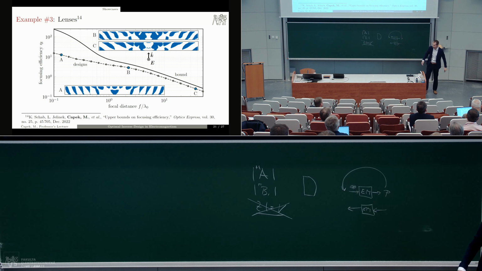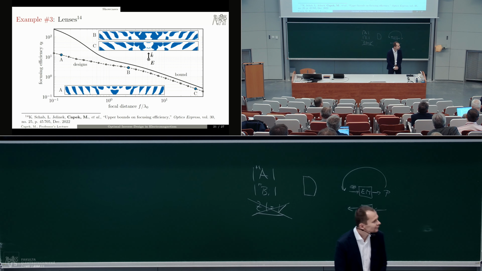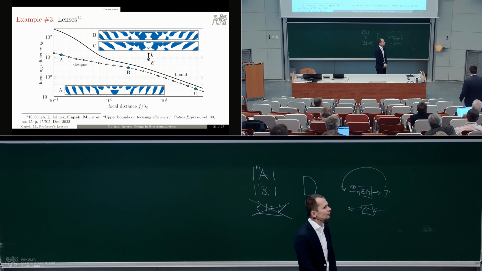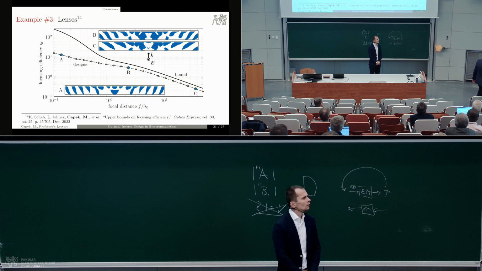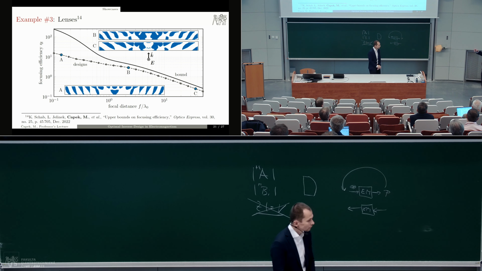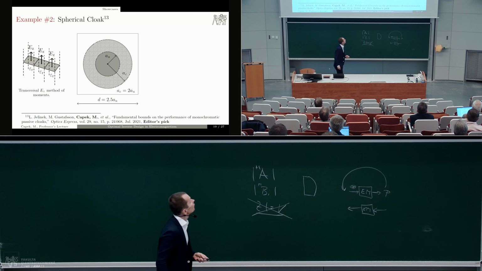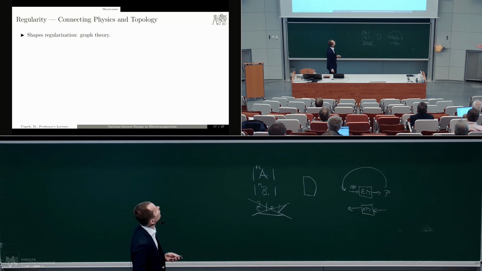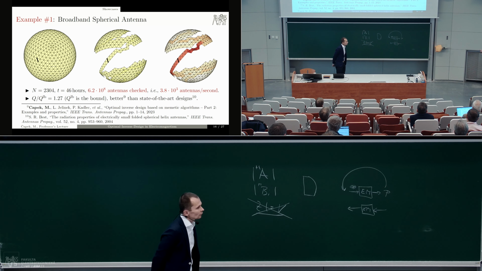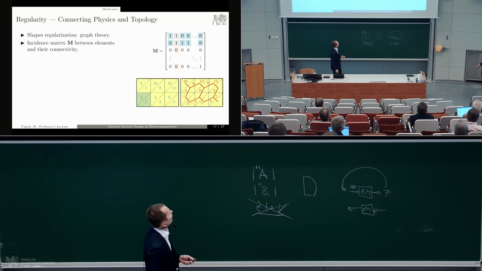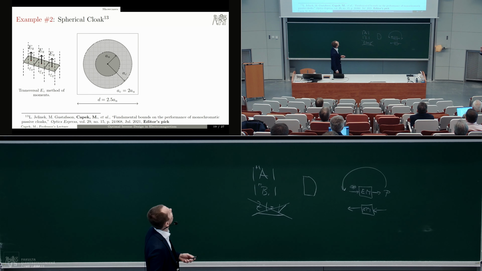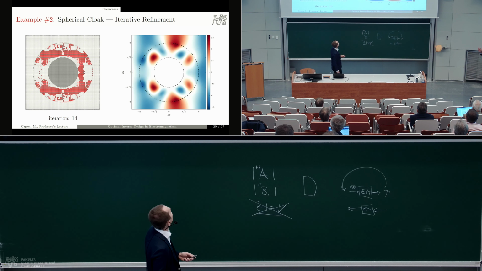Maybe I have one question. Miroslav, you are an excellent theoretician. Did you also consider practical aspects of your optimal design? For example, this spherical cloak, if we may have a look at it, there are plenty of small, tiny parts of the dielectric.